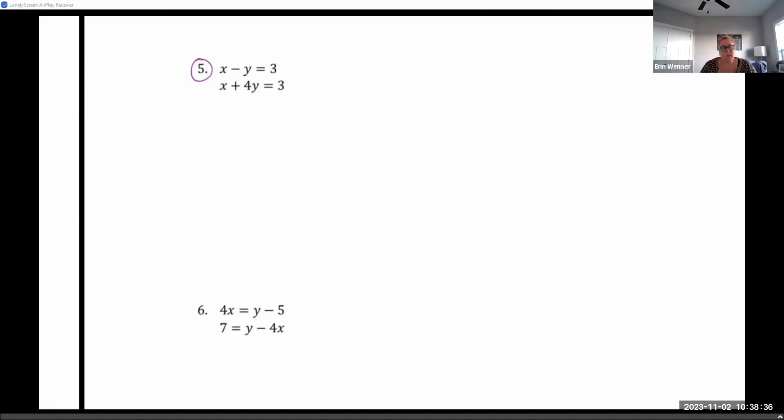So when I see this, I see x minus y equals 3 and x plus 4y equals 3. So in my brain, I'm seeing, oh, minus y plus y. I know it's plus 4y, but they're already opposite signs. So if I have that type of situation, I like to take advantage of it so I'm not trying to multiply by a negative value.